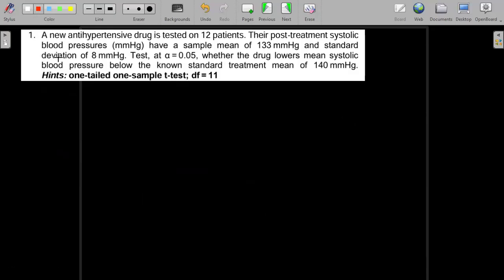Let's read the question here. A new drug is tested on 12 patients. The post-treatment systolic blood pressures have a sample mean of 133 millimeters of mercury and a standard deviation of 8 millimeters of mercury. So here they've given a sample mean and the sample standard deviation, and we also look at the size.